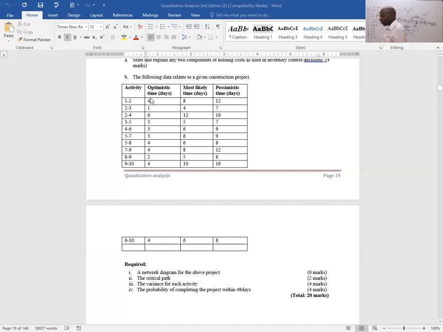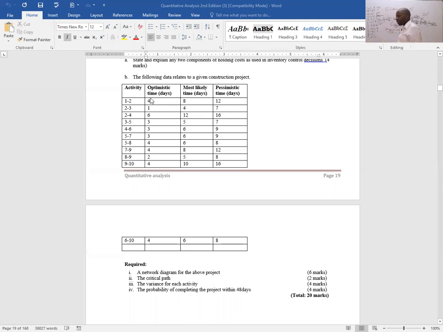From there, we have H. 12 minus 4 gives me 8 squared, divided by 36, which gives me 1.78. Then the next one is 8 minus 2, which is 6 squared divided by 36. That gives me 1.